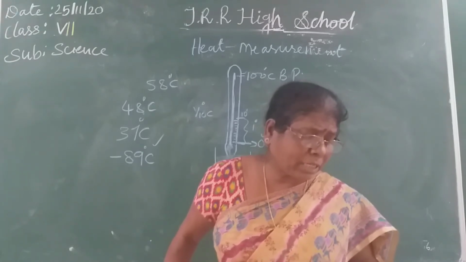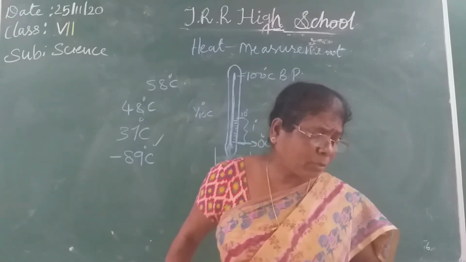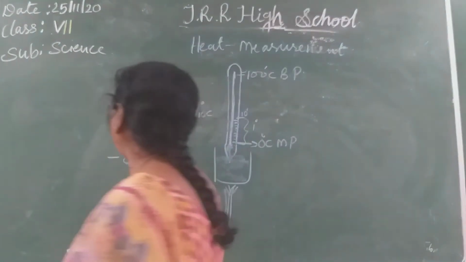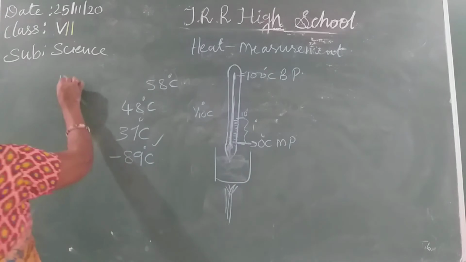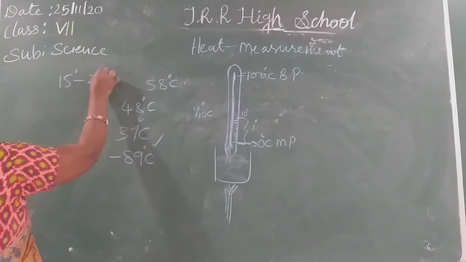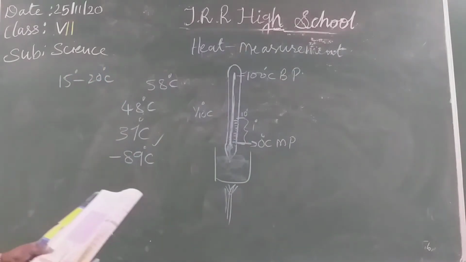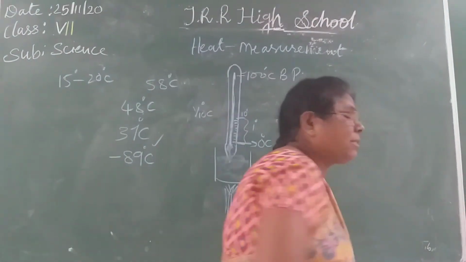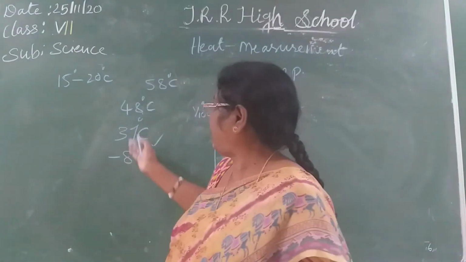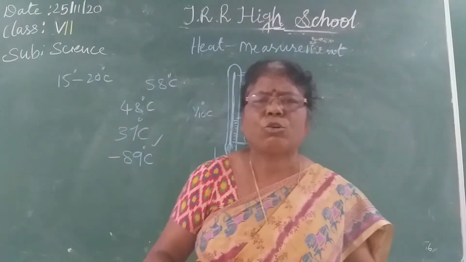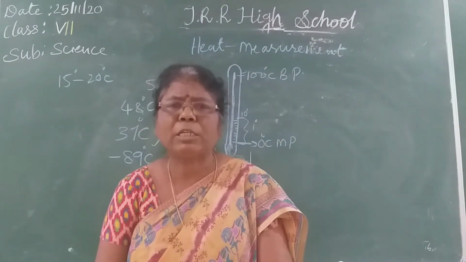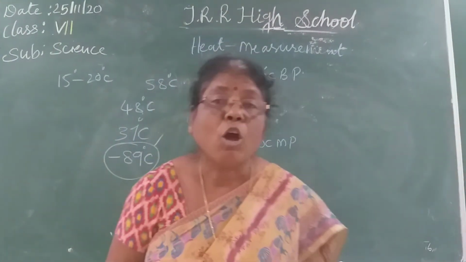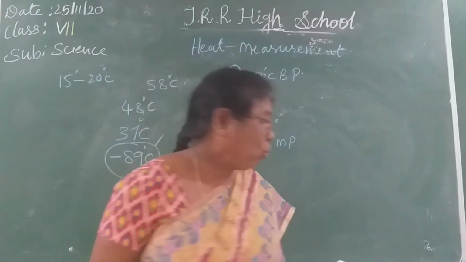In winter, when the atmospheric temperature around us becomes 15 to 20 degrees Celsius, we begin to feel cold. Only 15 to 20 degrees Celsius, and we feel too much cold in our Telangana state. If we get this temperature, we wear sweaters and shawls and cover our body. Just think about -89 degrees Celsius, how cold it will be.